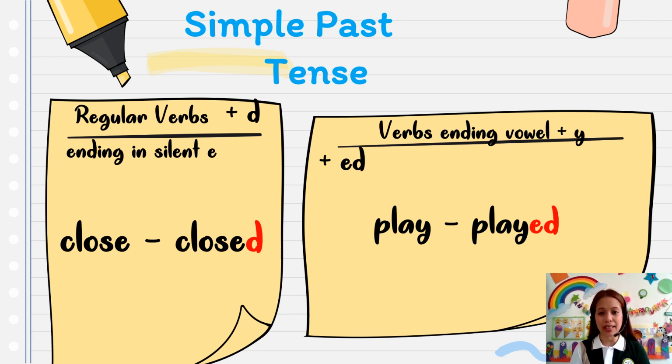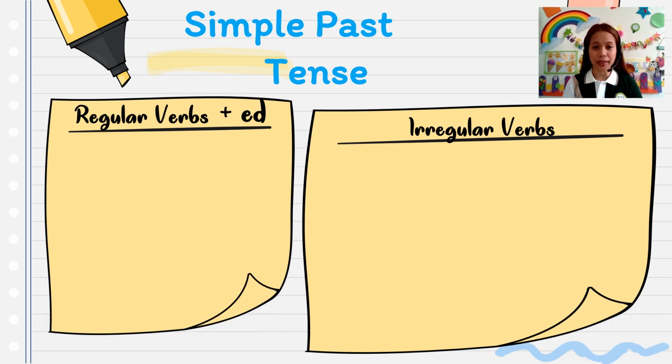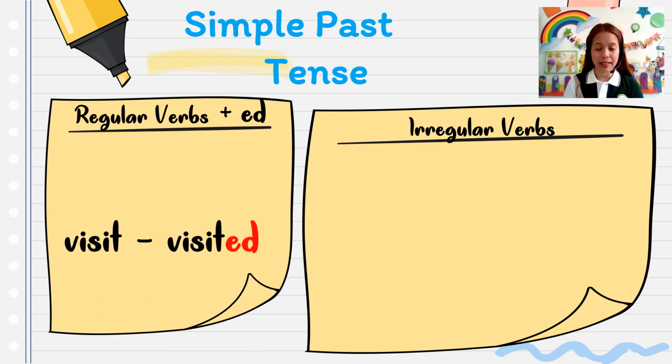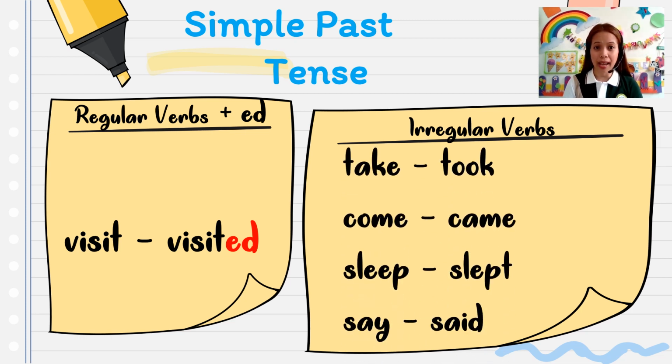Play becomes played. The next one, regular verbs plus ed: visit, visited. And verbs like take becomes took, come, came, sleep, slept, say, said. They are what we call irregular verbs.